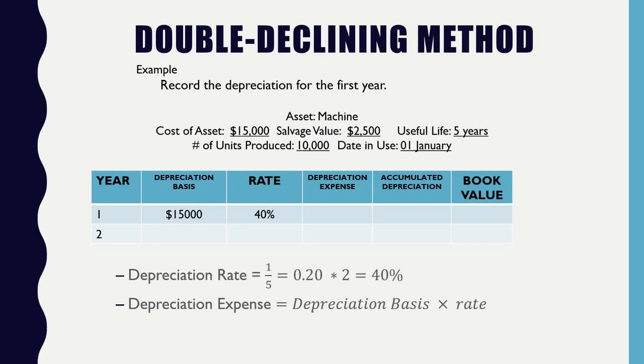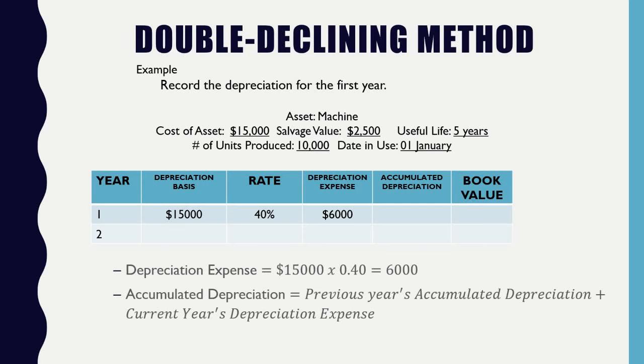Okay, so here depreciation expense is also going to be my depreciation basis times my rate. So in this case, what is 15,000 times 40%? 6,000. You missed a 0. Okay. So times 40% gives you $6,000.